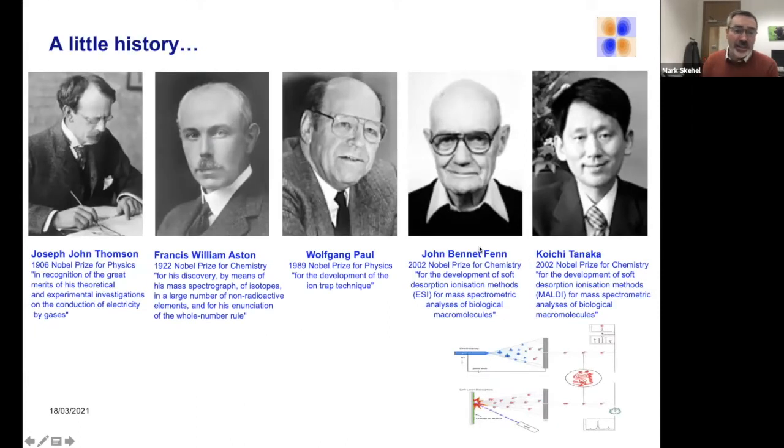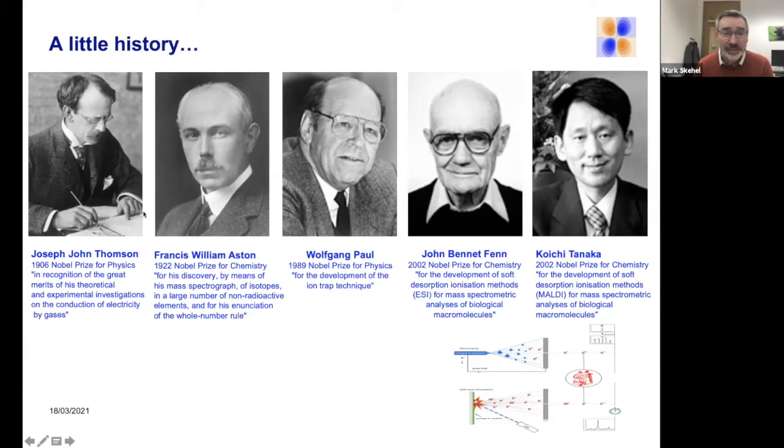Okay, so a little bit of history. Mass spec has a strong history in Cambridge with J.J. Thomson, back in the early part of last century. These are just Nobel Prizes that have been awarded in mass spec over the years. J.J. Thomson recruited, or rather poached, Francis Aston to come to his lab at the Cavendish.